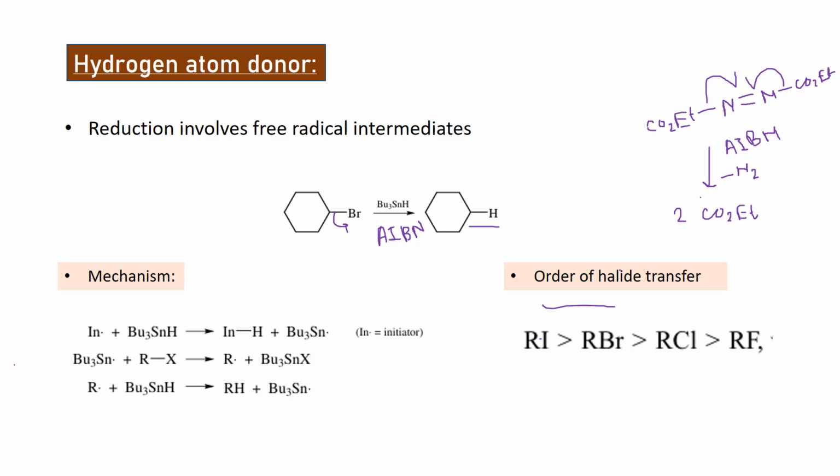This initiator reacts with Bu3SnH, takes up a hydrogen atom from the Bu3SnH, and forms this tin radical.